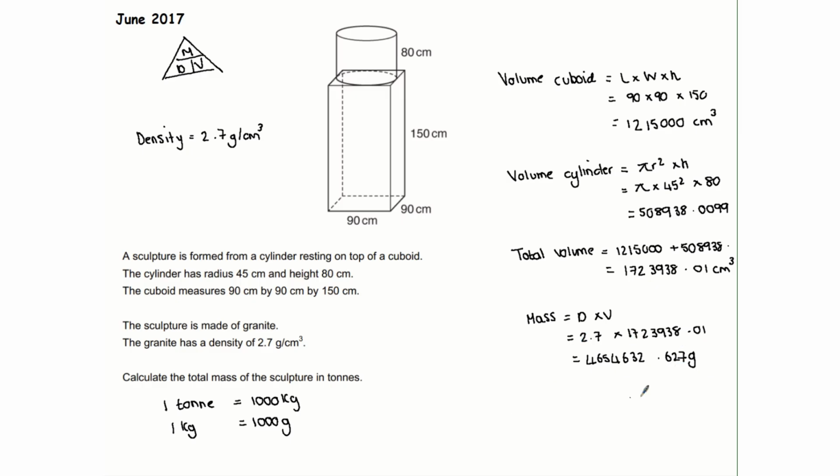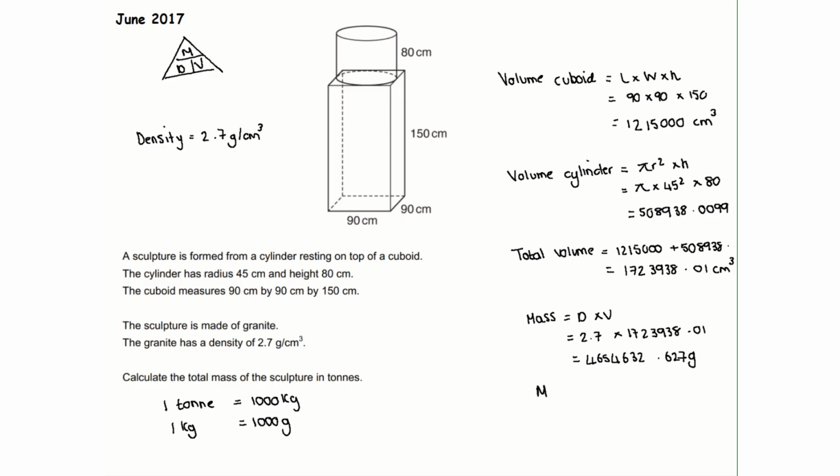So we currently have this in grams. I'm going to have to divide through by 1,000 initially to get it into kilograms, and then divide through by 1,000 again to get it into tonnes.